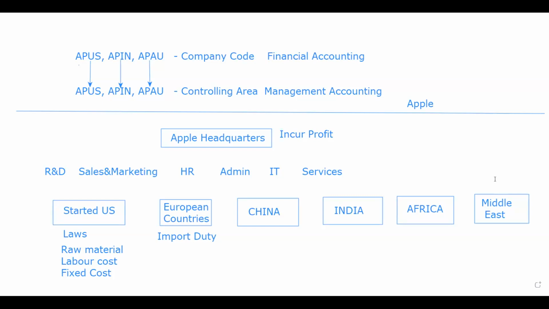And if not laws, the raw material price and availability will be different in different locations. You might get cheap raw material in China, but you can't get the same in the US or Europe. You can't get cheap labor in the US or Europe. You will move out to China, India, and Africa. Yes. And the same with the fixed cost, the land cost, the establishment cost.